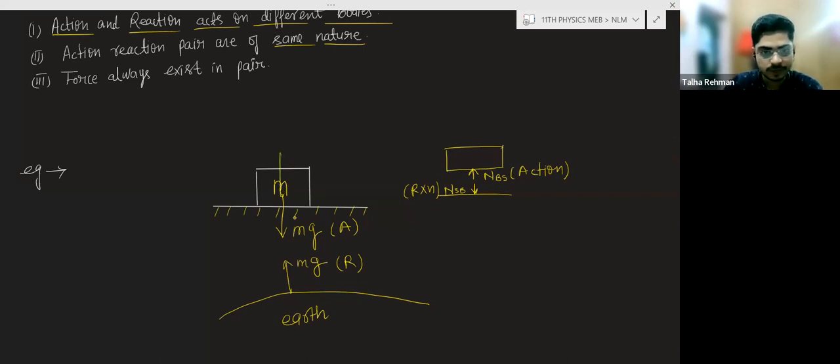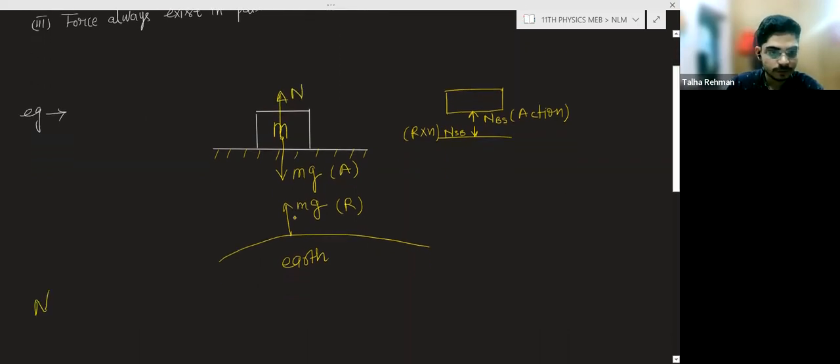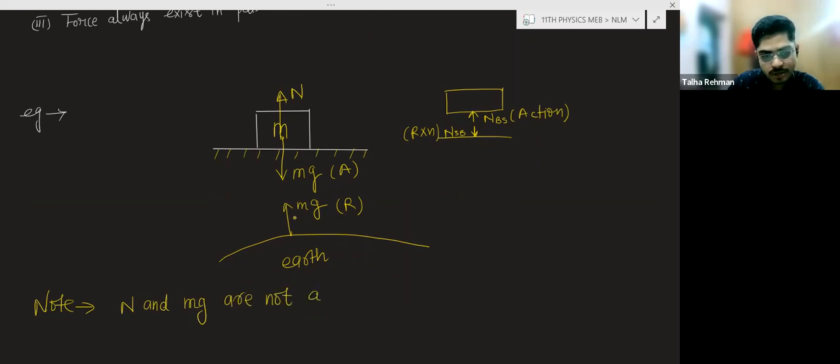This will be the normal reaction by this surface. So you can write here: N and mg are not an action and reaction pair, because action and reaction act on different bodies.